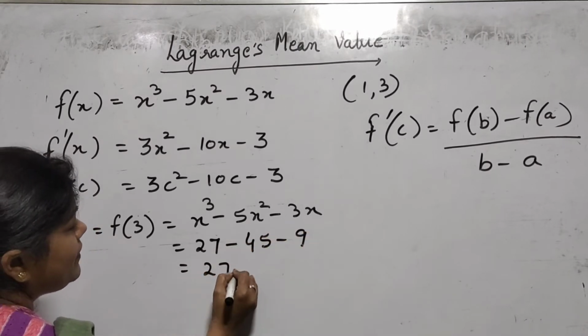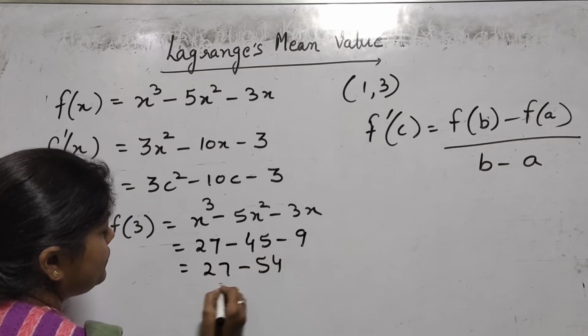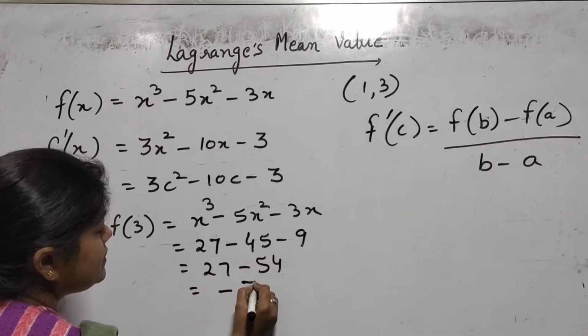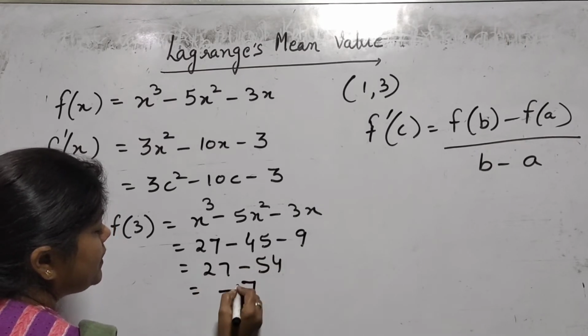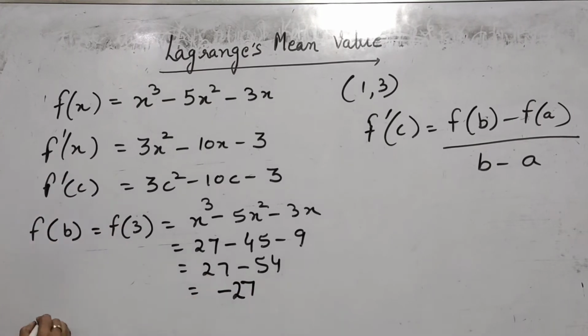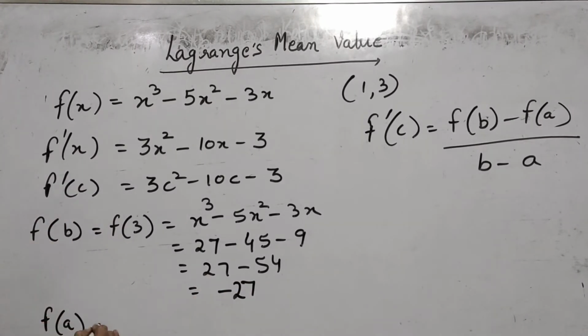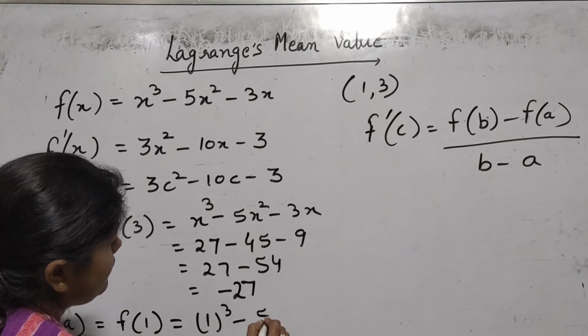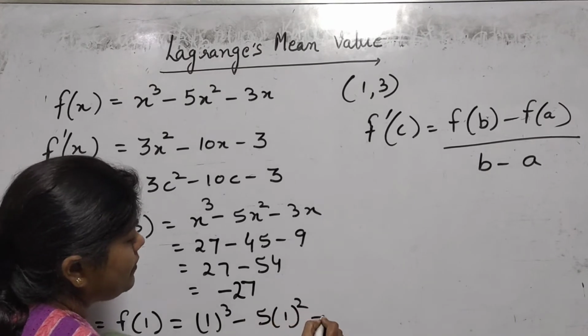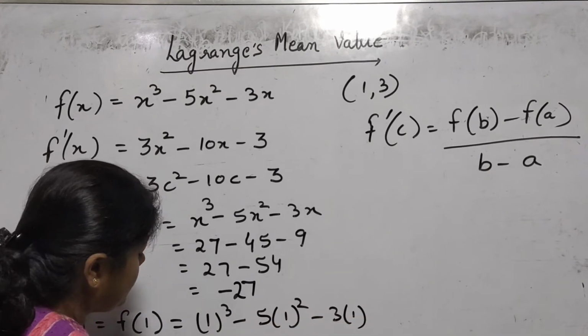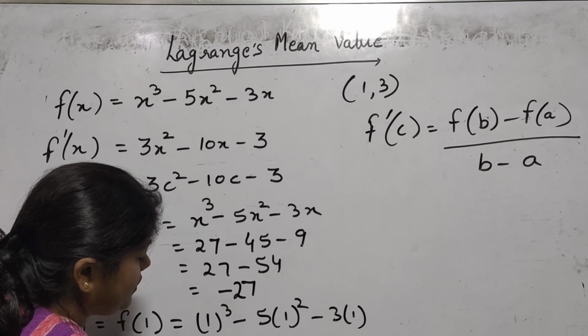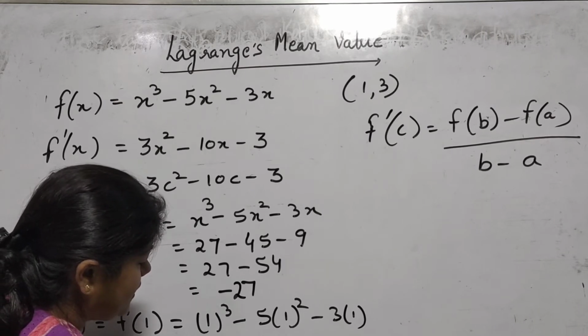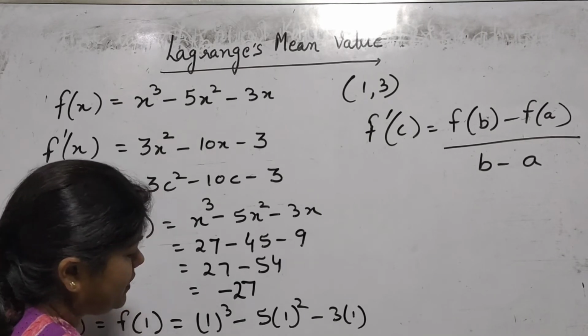We get 27 minus 54, that is minus 27. Clear? Now f of a, that is f of 1. We get 1 cube minus 5 into 1 square minus 3 into 1. We get 1 minus 5 minus 3, that is 1 minus 8, that is minus 7.